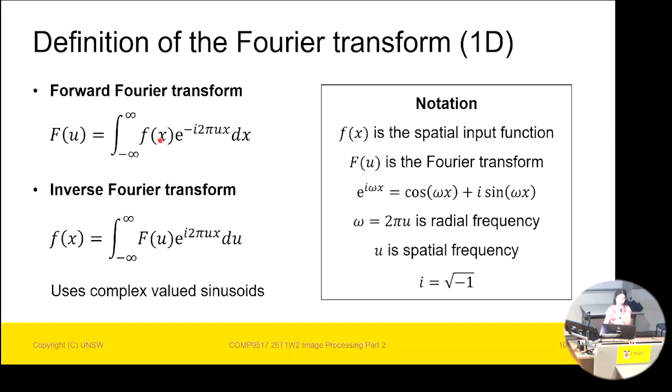This is an integral or sum over the entire signal. So if we want to find out if a particular frequency exists in the signal and how much of it, we need to go through the entire signal, do the integral, and get one single scalar value for that frequency.